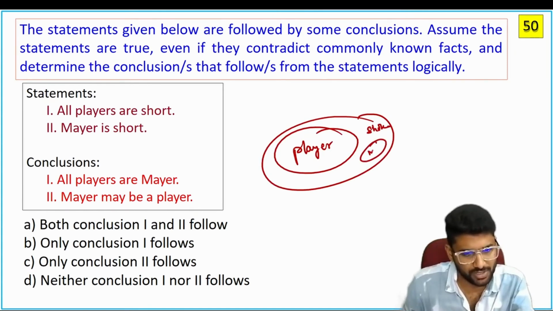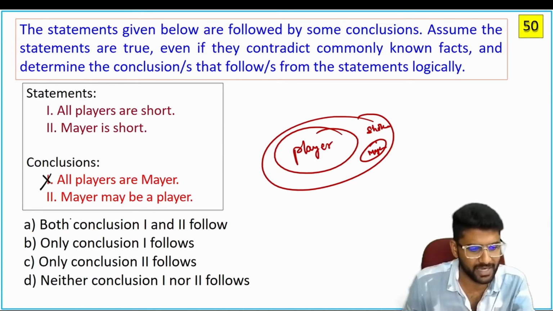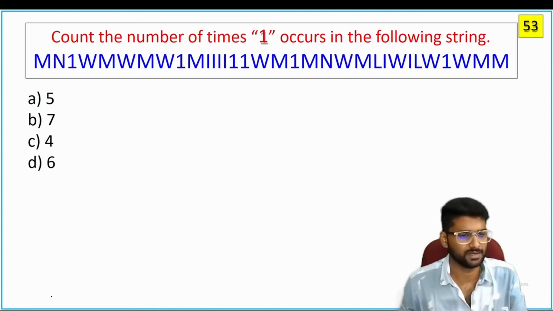Mayor is a short. The conclusion: all players are mayor. No direct relation between player and mayor. Invalid. Mayor may be a player. Yes, may be a player. So conclusion 2 follows. It's a simple one.